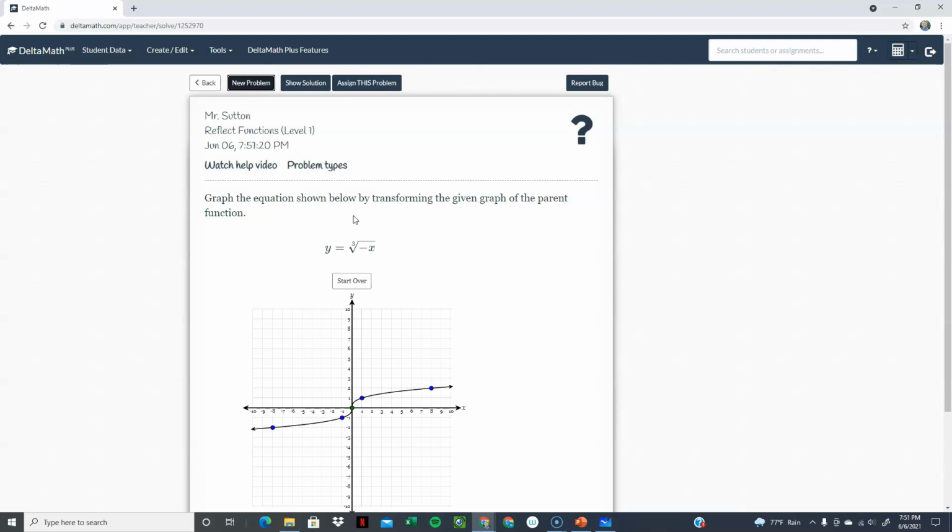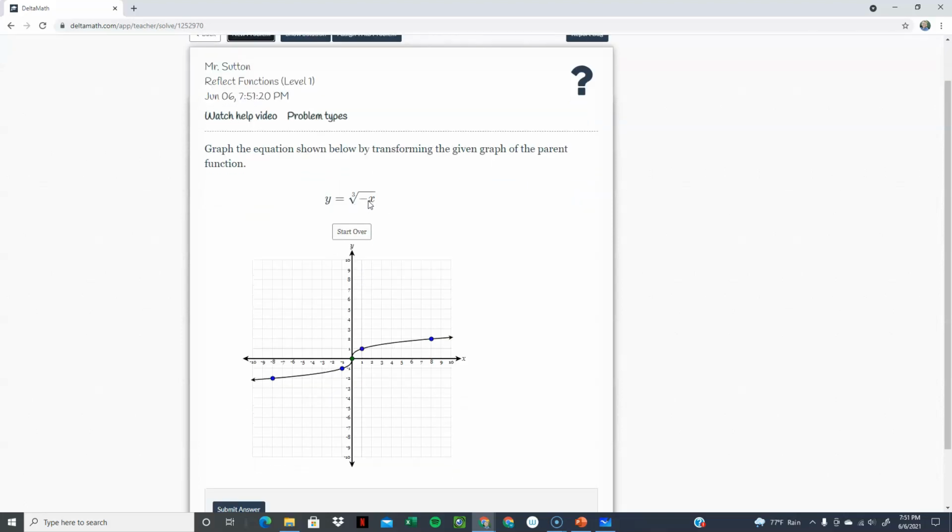And then let's see, here's one where the negative is inside the function. It's inside this cube root, so that is a reflection over the y-axis. So the y-axis goes up and down. So we want to reflect left to right in that case, right?